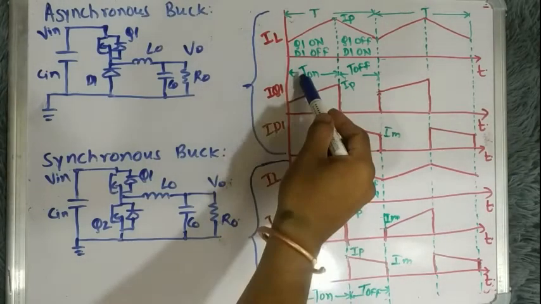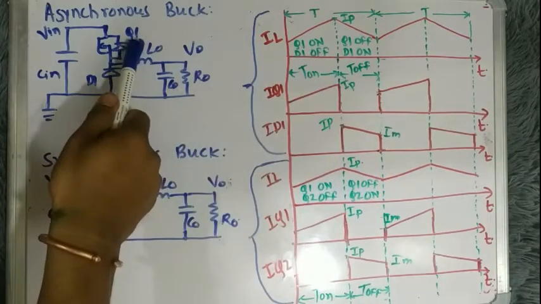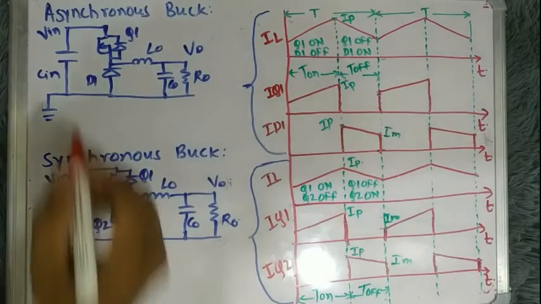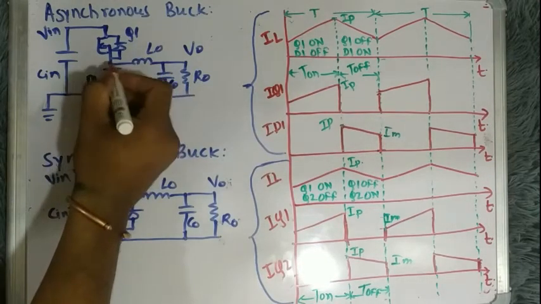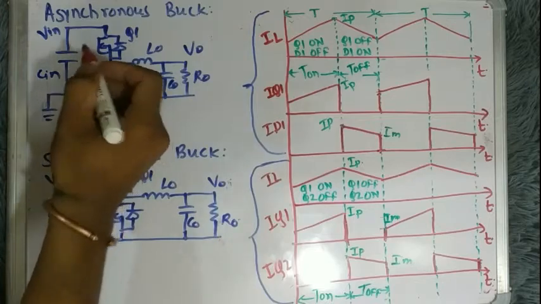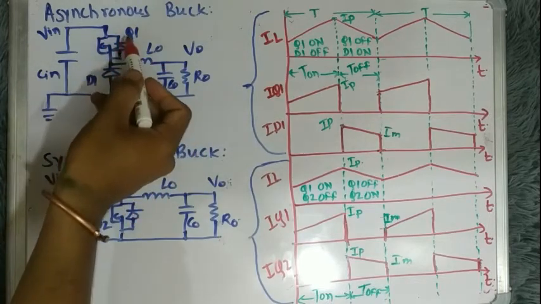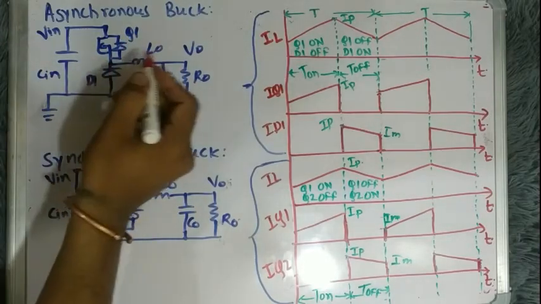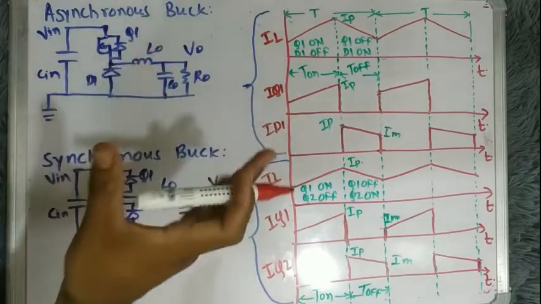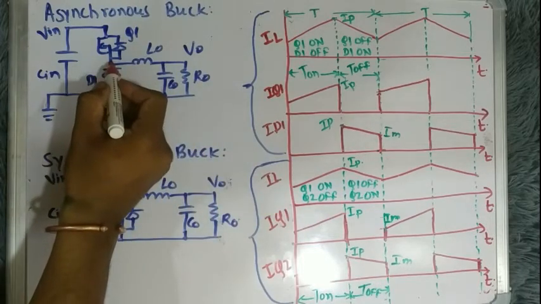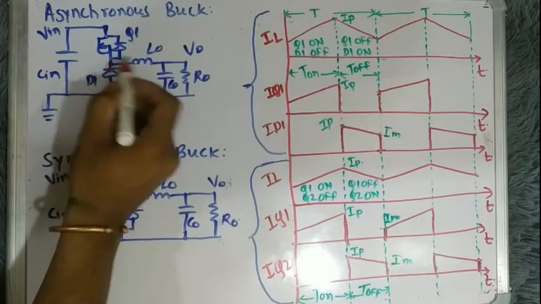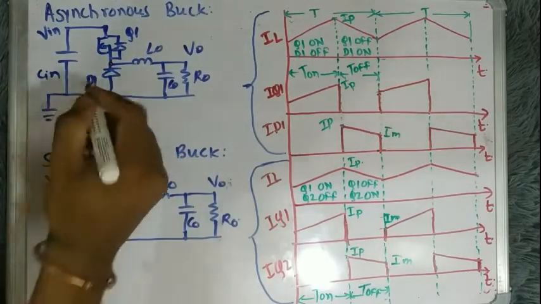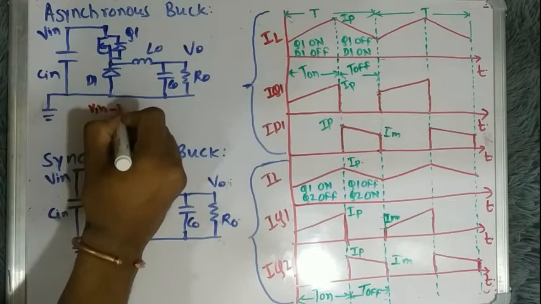During time Ton, switch Q1 is turned on. Because Q1 is turned on, this terminal of the inductor is almost at Vin, if we assume zero voltage drop across Q1. So the net voltage across the inductor during time Ton: we have Vin here and VO here, and we know Vin is always higher than VO, so we have Vin minus VO.